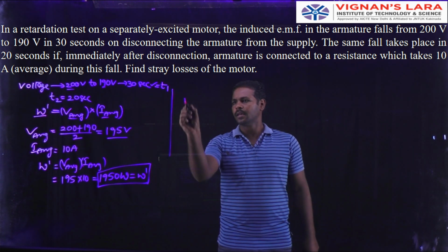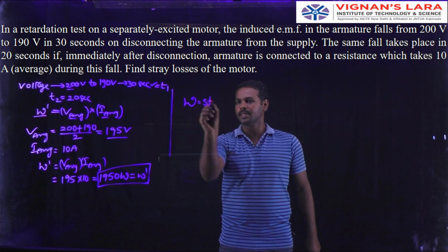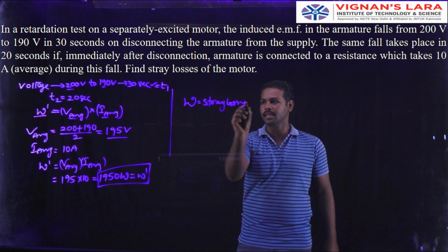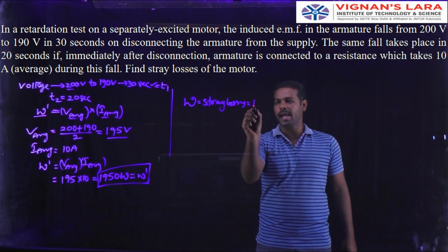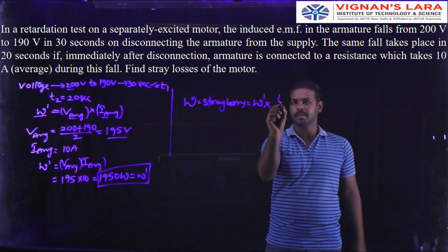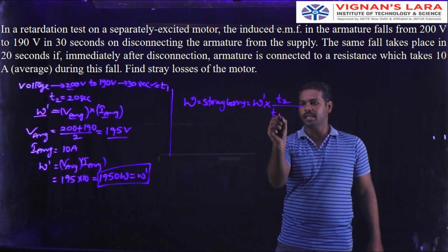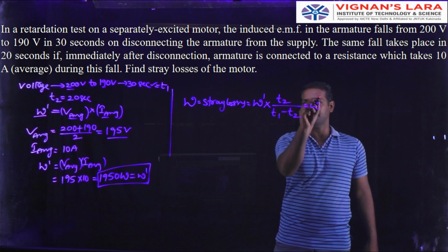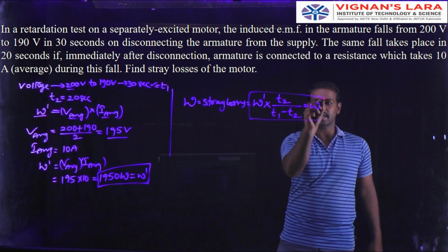The second one is that W' is used to find the stray losses W. That means stray losses is equal to W' multiplied by T2 divided by (T1 − T2). This expression is very important regarding the retardation test.